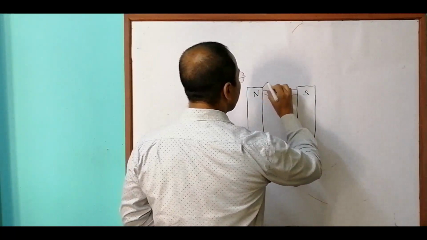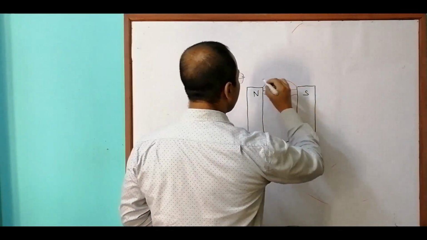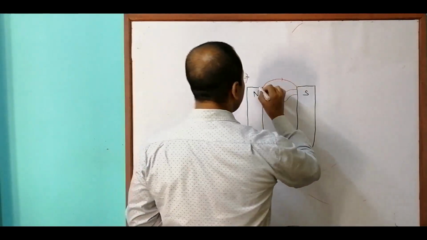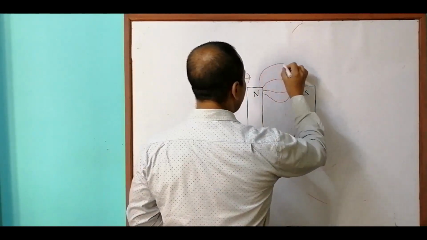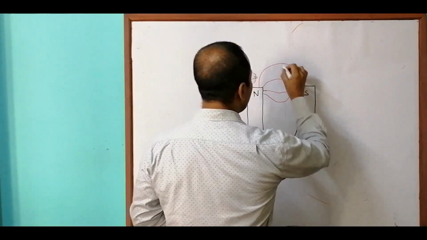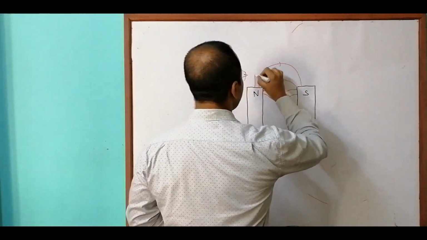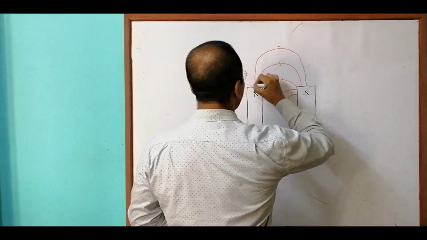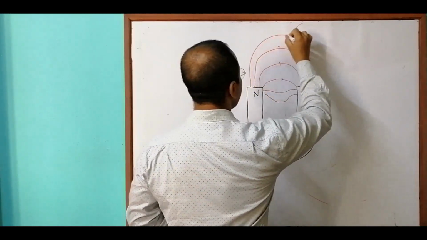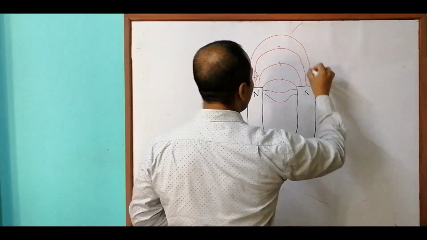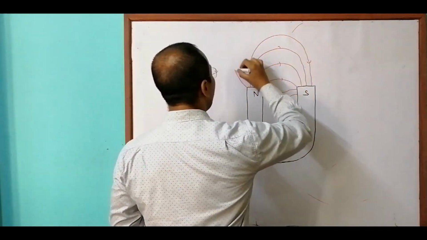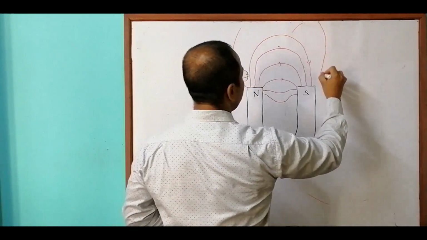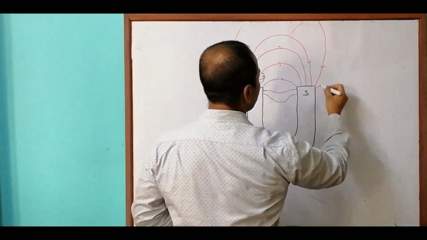From here it tries to spread, but is pulled to this S. From here it tries to go perpendicularly, but it is immediately pulled like this. And again from here it tries to go out, but is pulled like this. From here also the same thing, it tries to go out but is pulled. And from here it tries to go out, but it goes here, comes like this, and then like this. So then lots of these lines.